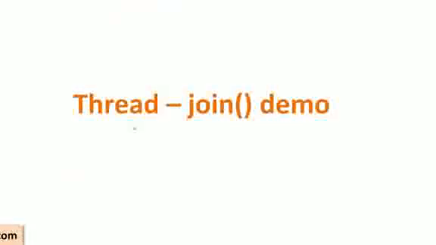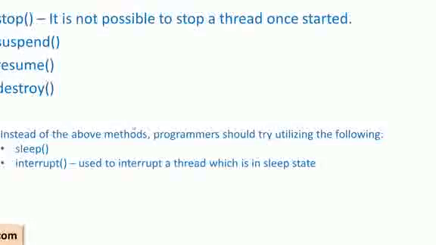And there are other deprecated methods you should know which should not be used in the thread. That is stop, suspend, resume, and destroy. You cannot stop a thread when it is started, and you cannot use suspend and resume. You cannot even destroy a thread.